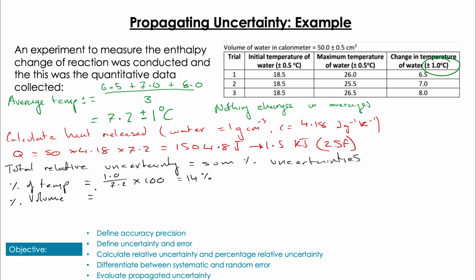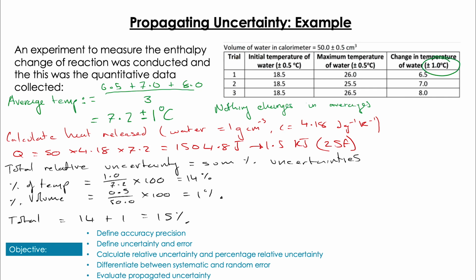And the percent of the volume is going to be 0.5 divided by 50.0 multiplied by 100, which is 1%. Now all we need to do is combine those two percentages, which gives us 15% as our propagated relative uncertainty.